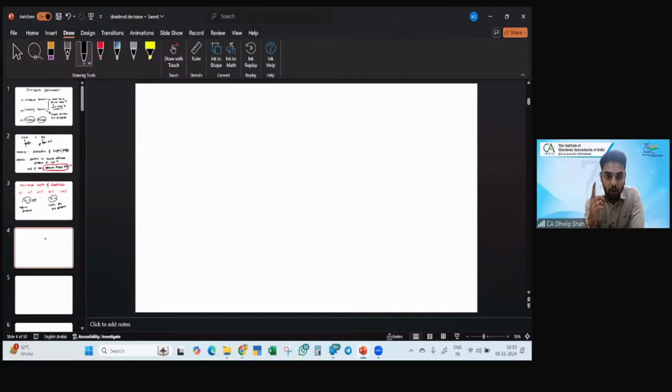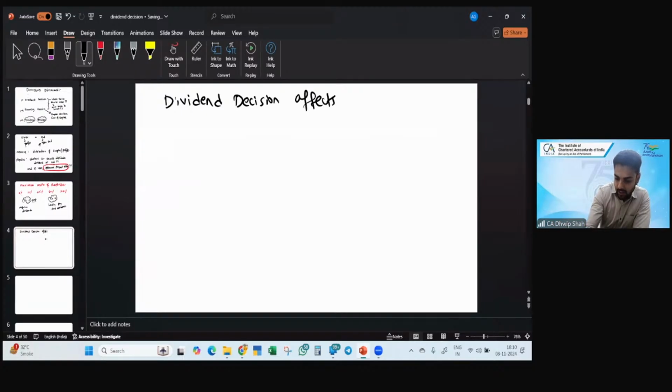So just like you all had the opinion that dividend decisions of the company affect market price, MP means market price of the share or market price of the company. Just like you all have the opinion of yes, there are two finance scholars that had a similar opinion.